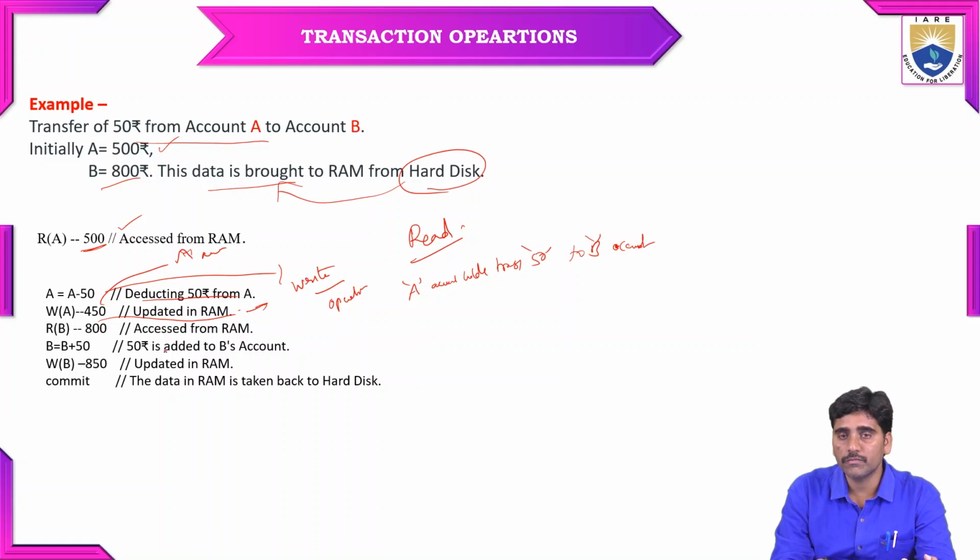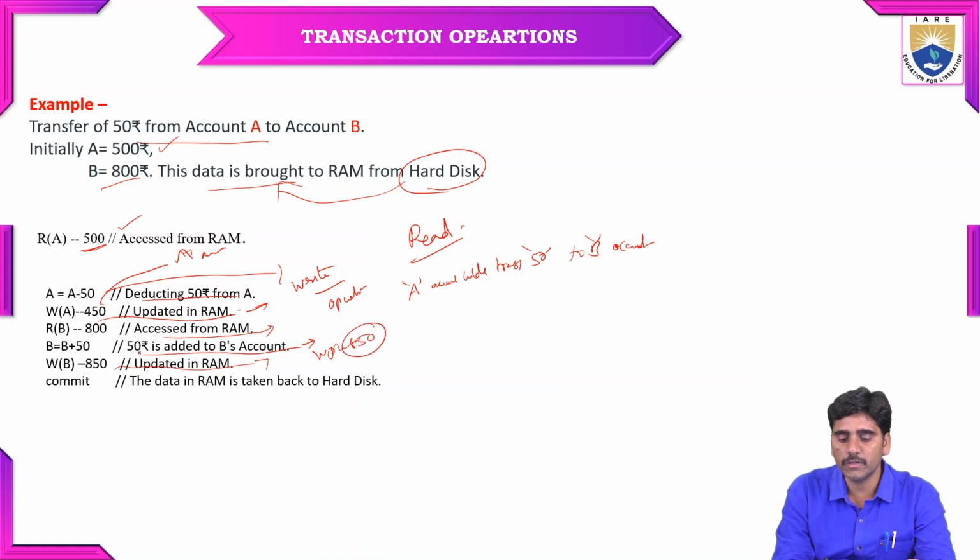And now if we access the B account holder from RAM, it is incremented. The 50 rupees which is deducted from A account is going to be added into the B account. Now the amount of B account is going to be shown as 850 rupees.